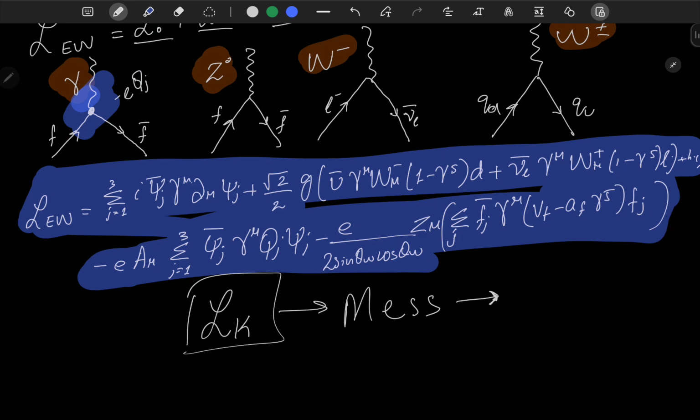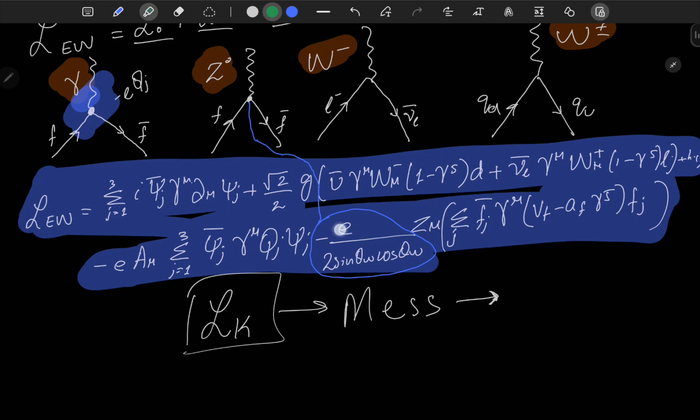The second one is again a neutral current, mediated by the Z boson. Here the fermions can be charged or they can be neutral, and the vertex here is proportional to this term right here.